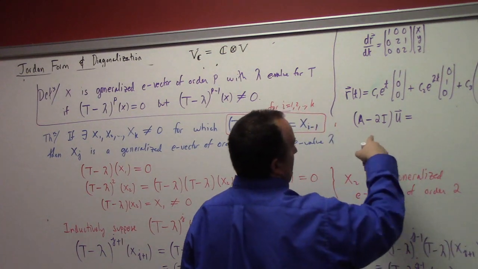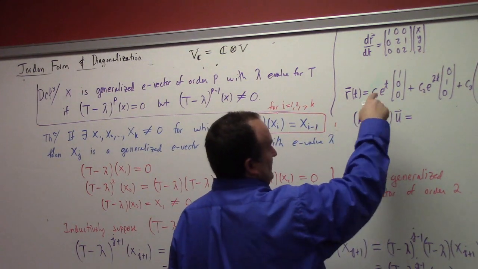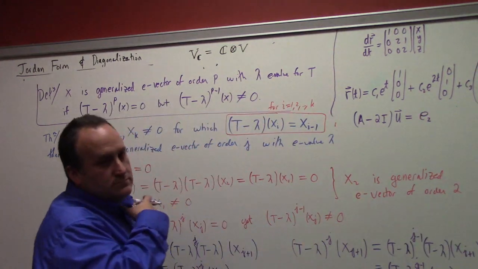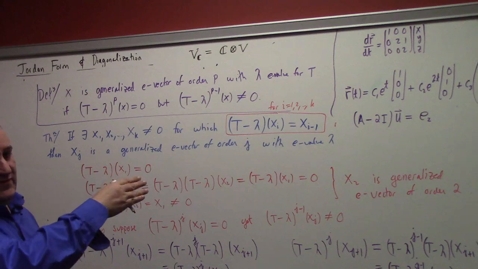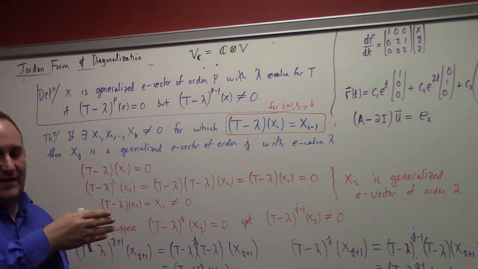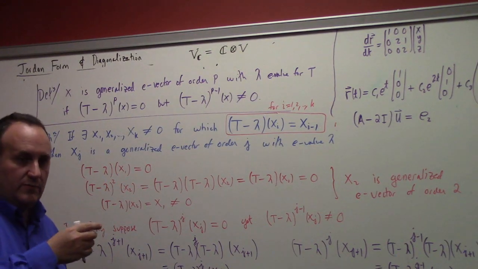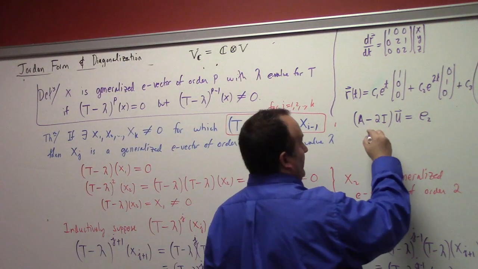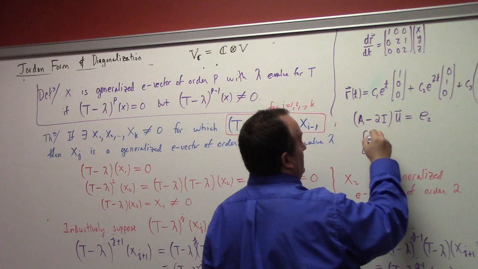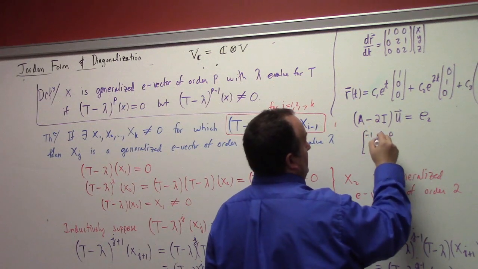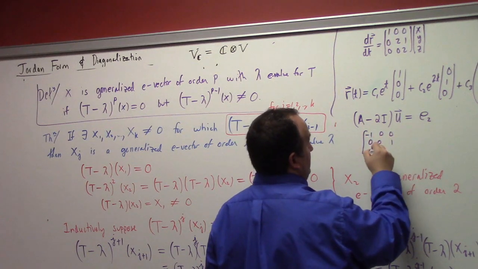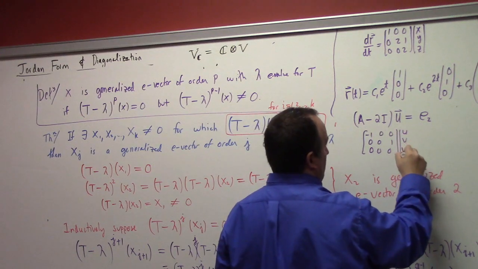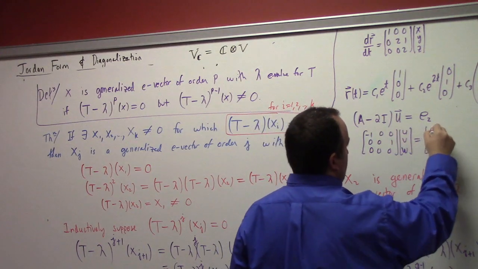What was the eigenvector with eigenvalue 2? It was just E2, right? That would be the chain condition for a generalized eigenvector of order 2 with eigenvalue 2 for this one. And so that specifically would give you the equation with matrix rows (−1, 0, 0), (0, 0, 1), (0, 0, 0) times the vector (u, v, w) equal to (0, 1, 0).